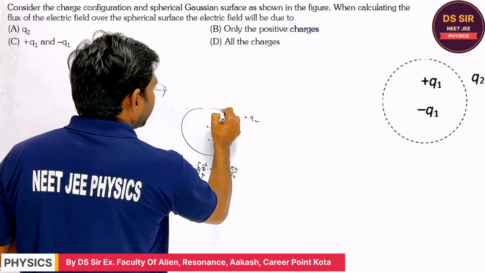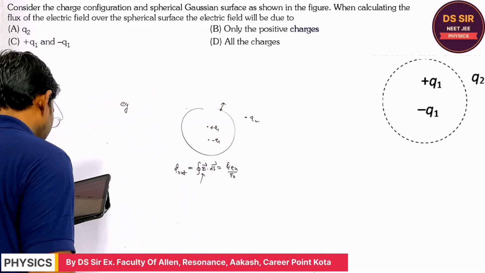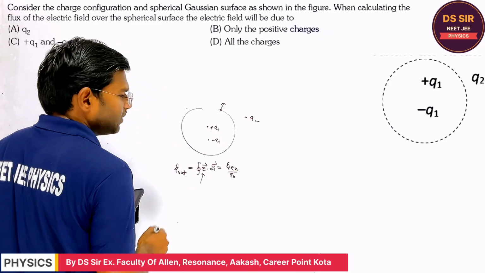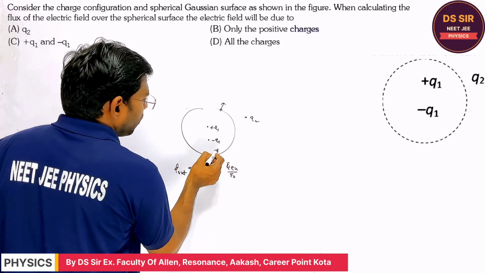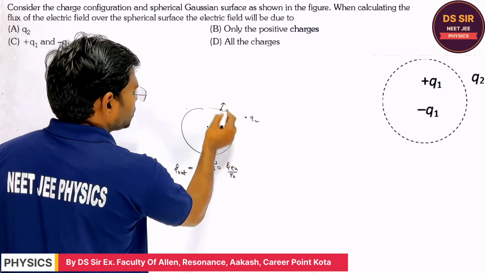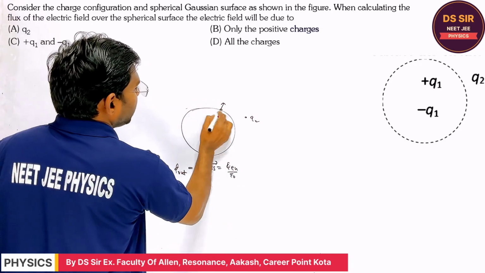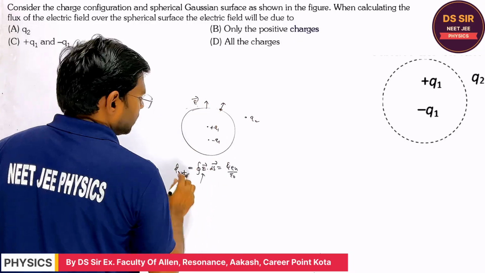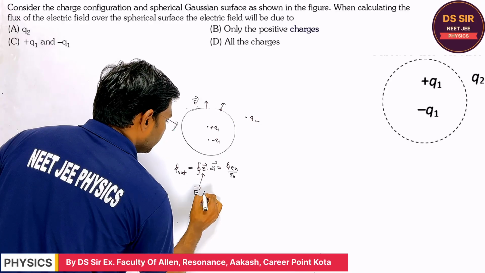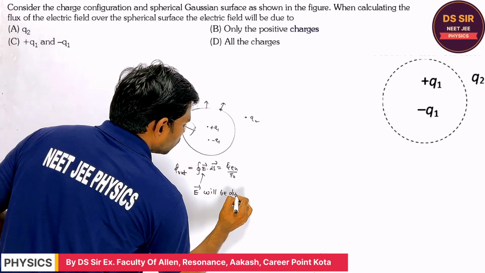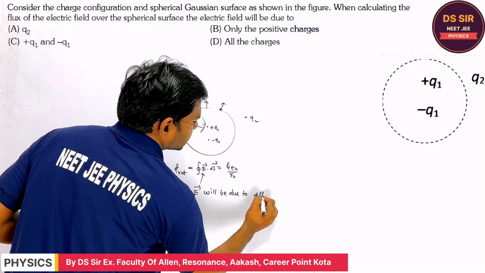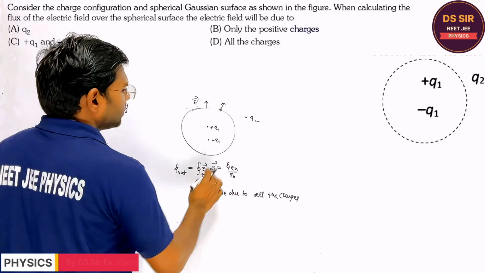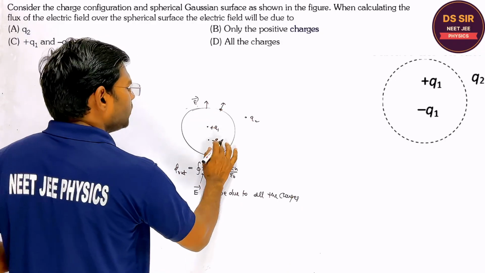So they are asking, at any point on the surface, the electric field will be due to what? You tell. I told you this is a very important point. Although this is the charge enclosed over here, the electric field at this point, E1, E2, at any point, will be due to all the charges present, whether it is Q1 or Q3, whatever charge you assume.